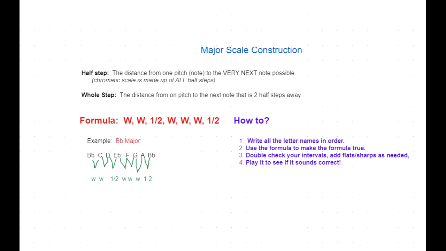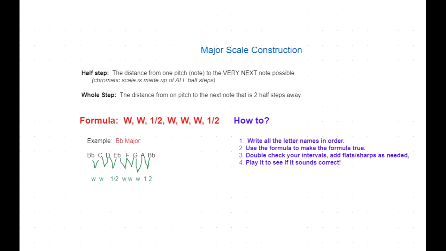Now, these wonderful little arrows here: from B flat to C is a whole step because there's B natural in between. The first bit of our formula says whole step, so we've got it. From C to D, we already talked about, is a whole step.